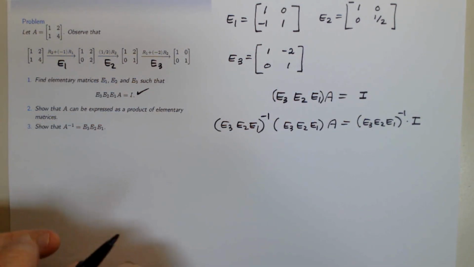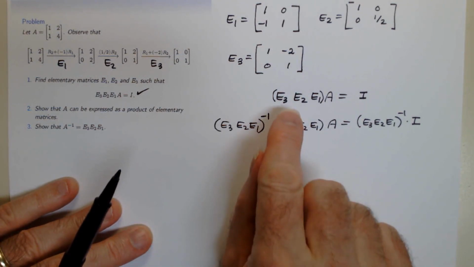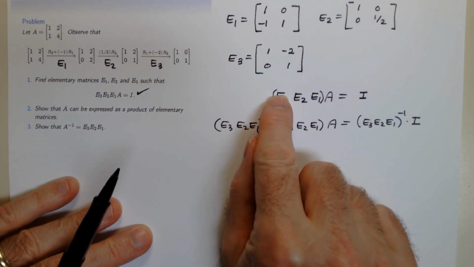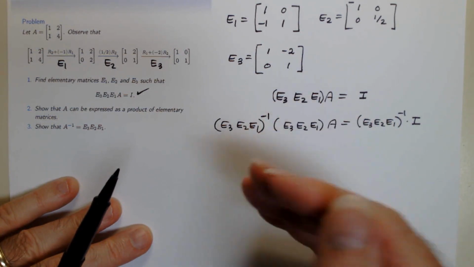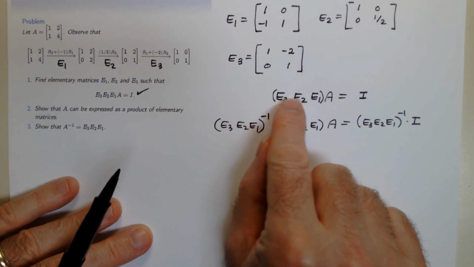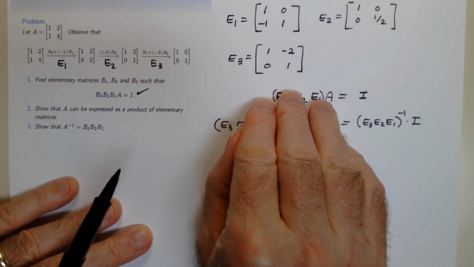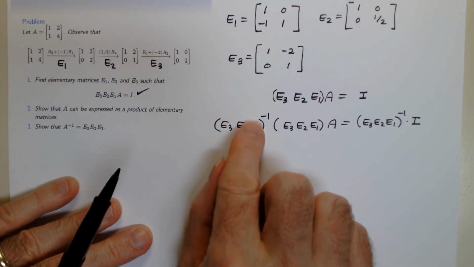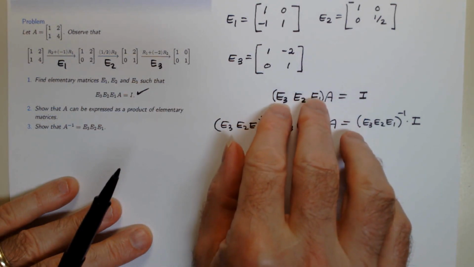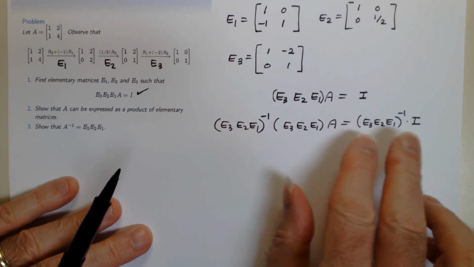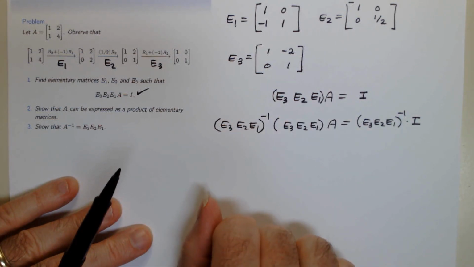So let's talk about this one more time before we continue. Because each of the elementary matrices is invertible, their product is invertible. That's a property of invertible matrices. So the product, this item that I have in parentheses here, is itself an invertible matrix. And so I'm just using that symbol temporarily to stand for the inverse of that product. I multiply that inverse on both sides on the left in this matrix equation.